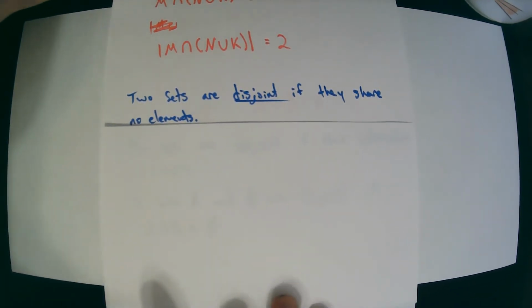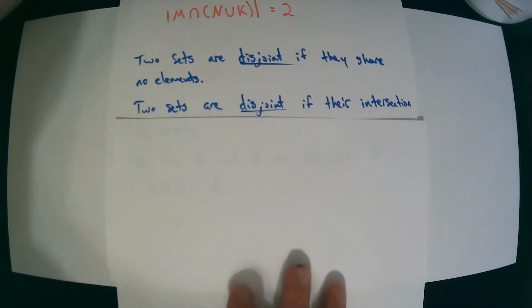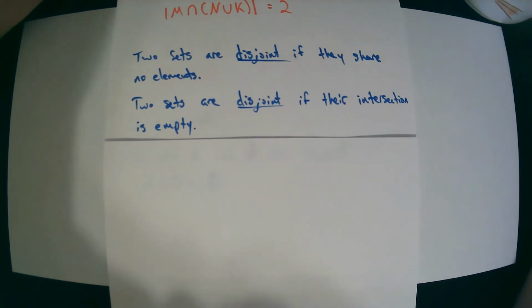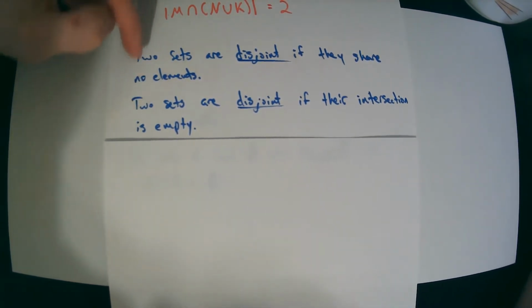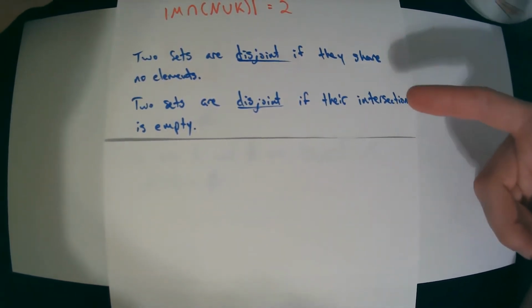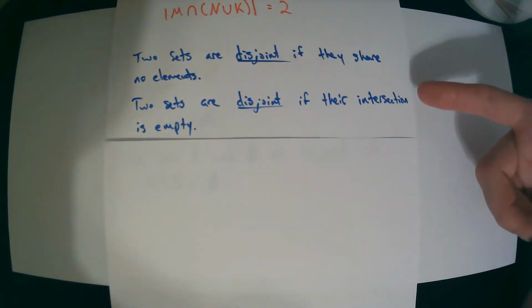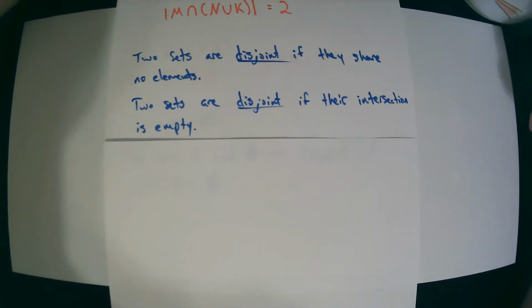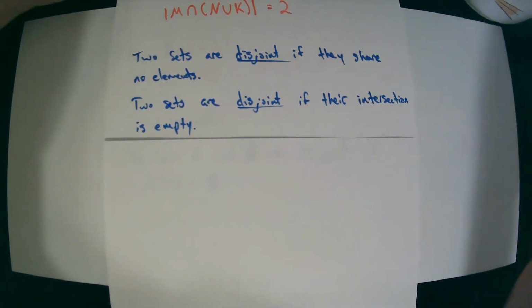Okay, getting a little bit more mathematical here. Two sets are disjoint if their intersection is empty. So this says the same thing. I'm just getting a little bit more technical here. Their intersection, because now we know what intersection means, right? So they're disjoint if their intersection is empty. That means they share no elements, sure.